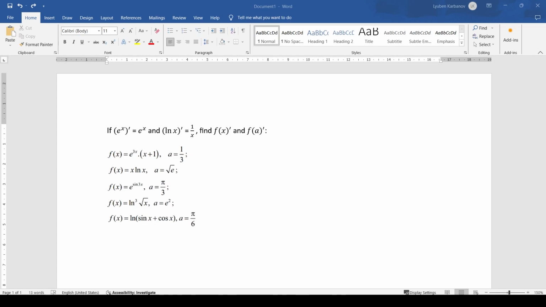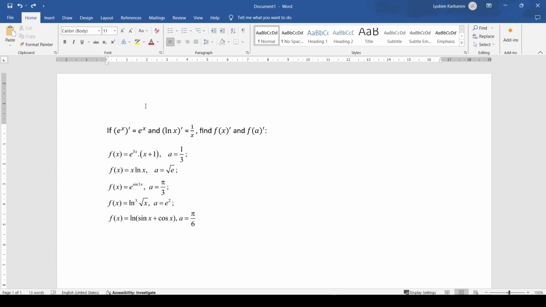Those two are that e to the power of x, the Euler number to the power of x, and its derivative are the same number, e to the power of x, and the derivative of the natural logarithm of x is equal to 1 over x. These are easy to remember formulas, and in today's video we're solving 5 problems.